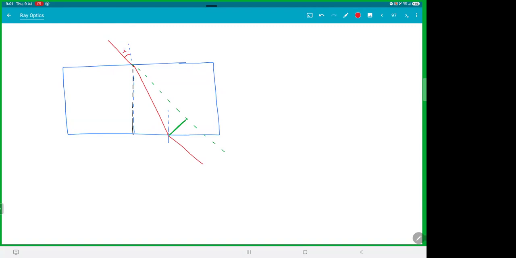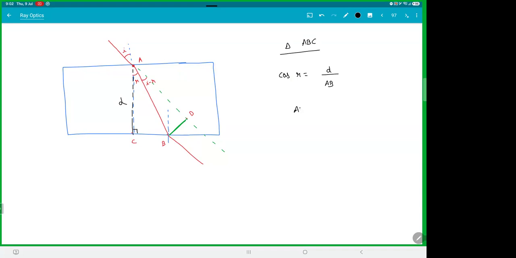If this angle of incidence is I, and if this is R, then this angle will be I minus R. Let's call this point A, let's call this point B, let's call this point C, and let's call this D. So in triangle ABC, and this distance is D, cos R will be D by AB.